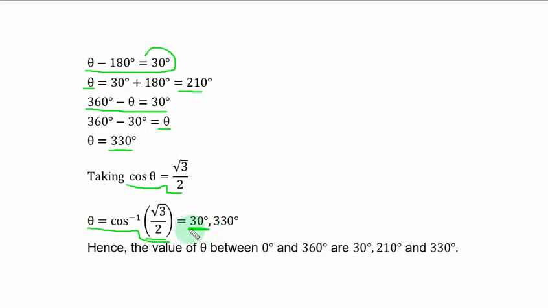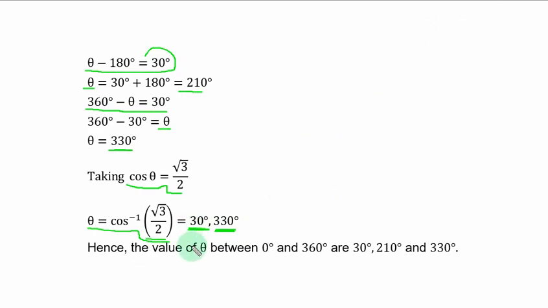Now, in the fourth quadrant, cosine is positive. If you equate the angle to 30 degrees and you solve for theta, you have 330 degrees.